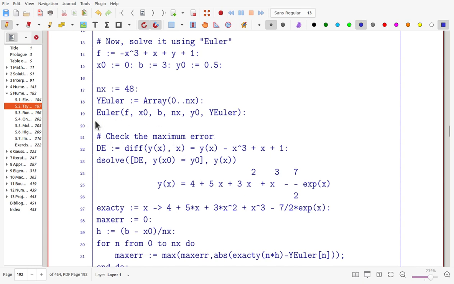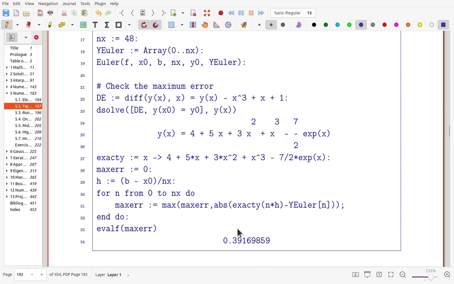After passing this line, that will be filled with the function values at mesh points. And for comparison, the error analysis, we try to get the exact solution by using dsolve. And here, the exact y is given.